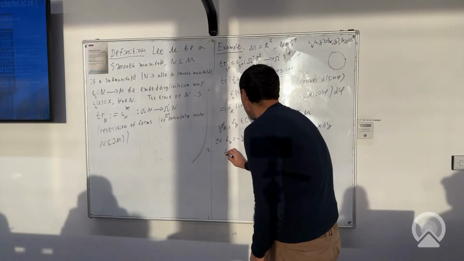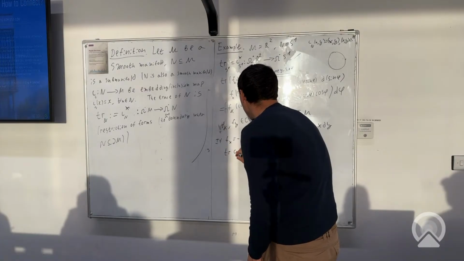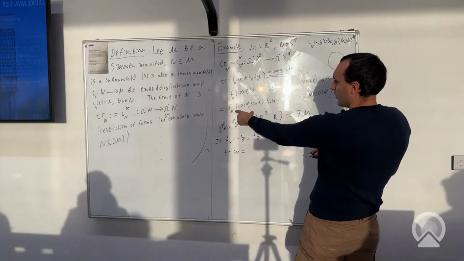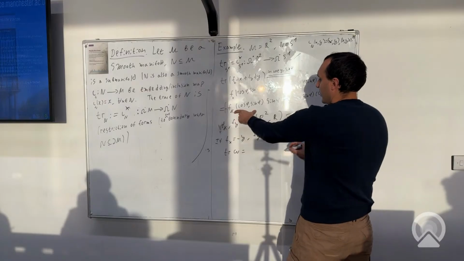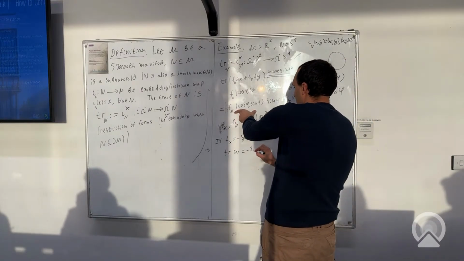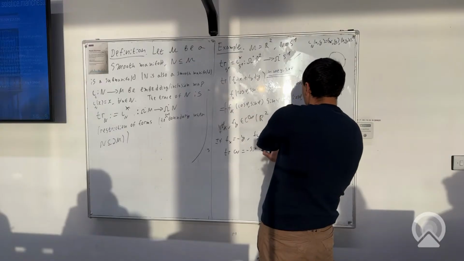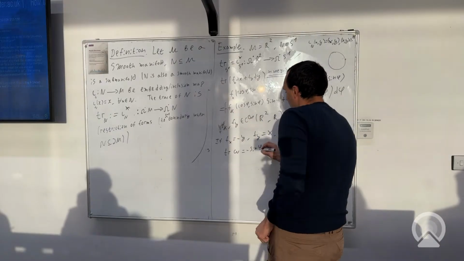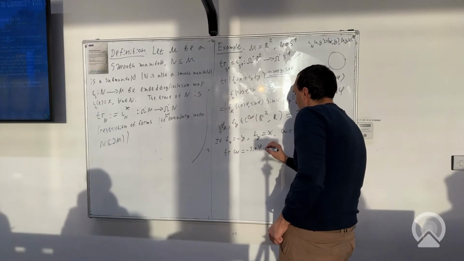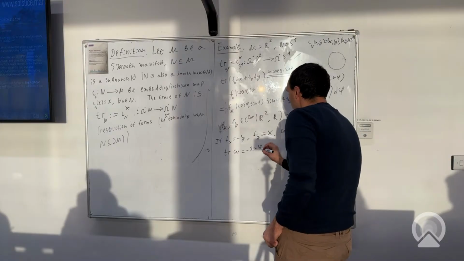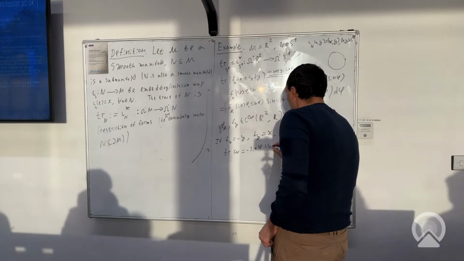The trace of omega will have minus the second argument. So we have minus sine phi, because this is y, times minus sine phi.